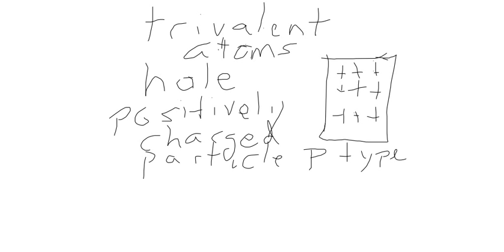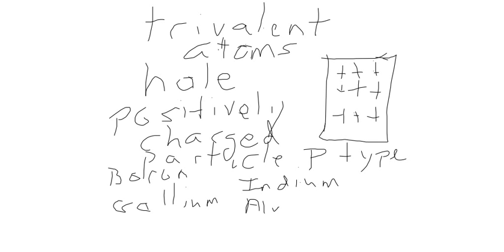And some examples of atoms with 3 valence electrons are boron, gallium, indium, and aluminum. And that gives us the p-type material.